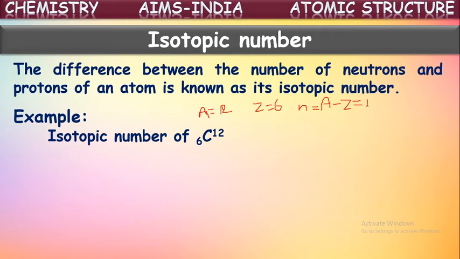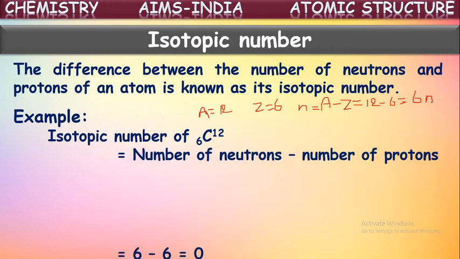So the mass number is 12 and the atomic number is 6. So what is the number of neutrons now? 6 neutrons. Now the difference between the number of neutrons and the number of protons of this atom gives its isotopic number. Let us calculate it for carbon.